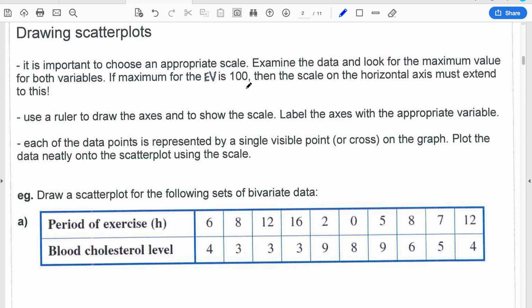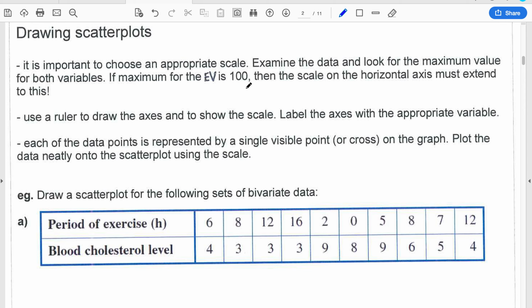Make sure that your axes extend to that maximum value. Make sure you use a ruler. Always use a ruler and try and space out the scale nicely. Label everything as well. The variable, so the data that you've got, that has to be labeled on each axis. And then each of your data points is one single dot on your graph.